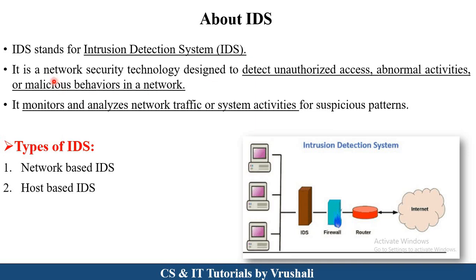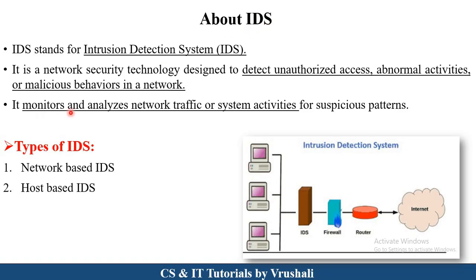That's why there are different network security technologies. These technologies are designed to detect unauthorized access from different users. They detect different abnormal activities and also different malicious behaviors in the network. That's why IDS systems were created.